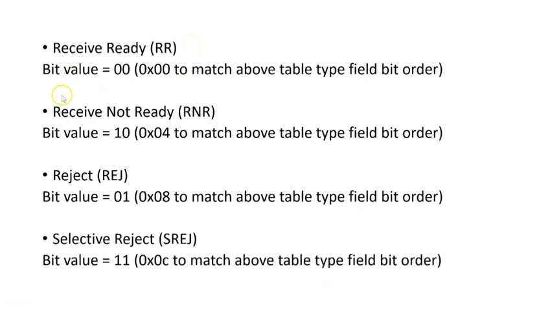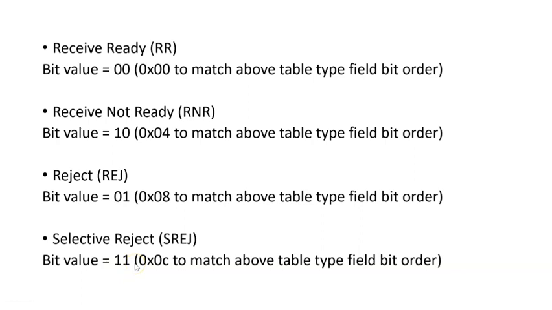If it is receive ready, the value of that type field will be 00, or specifically, to match the exact size of the frame, it will be 0x00 in hex. Next, receive not ready, that is RNR, indicates that the receiver is now not ready. The bit value is 10. Then reject. Reject means rejecting whatever data frame is sent by the sender. The value will be 01. For selective reject, the bit value will be 11.